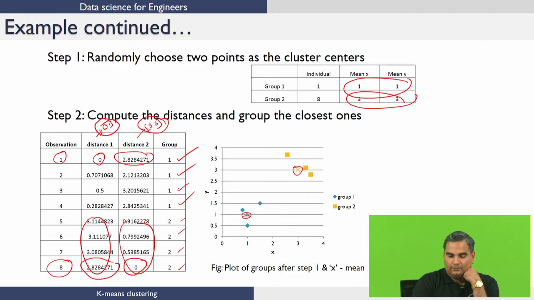So, by starting at some random initial point, we have been able to group these data points into two different groups, one group which is characterized by all these data points, the other group which is characterized by these data points.